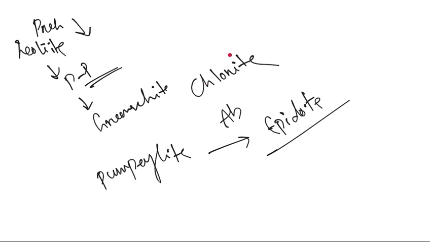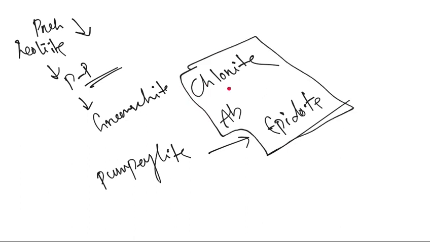This forms the greenschist facies. The particular reaction will be written in the PPT, or if no reactions are written, I'll be adding them. So chlorite and albite come from the zeolite facies, and after prehnite-pumpellyite they come to the greenschist facies, and epidote is formed from the pumpellyite.